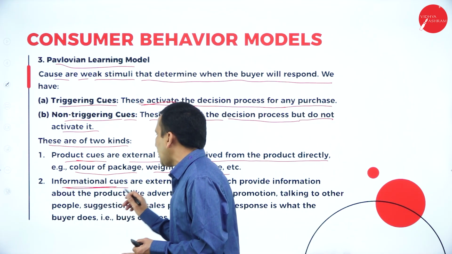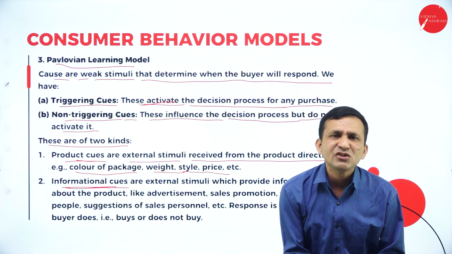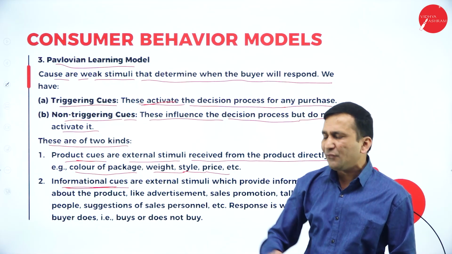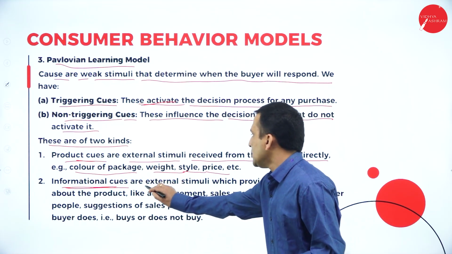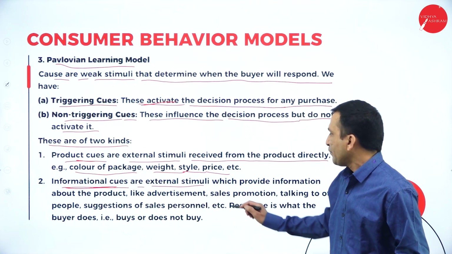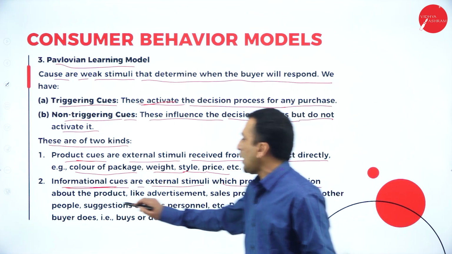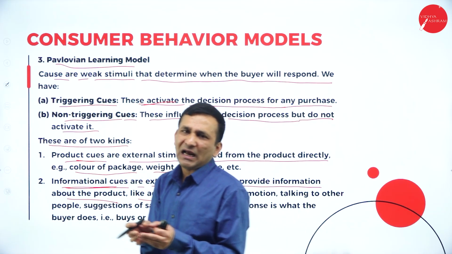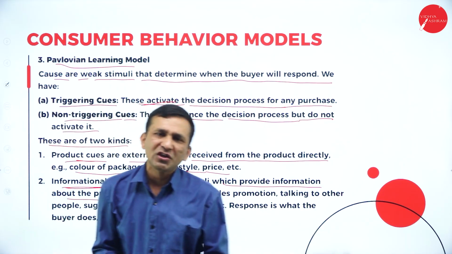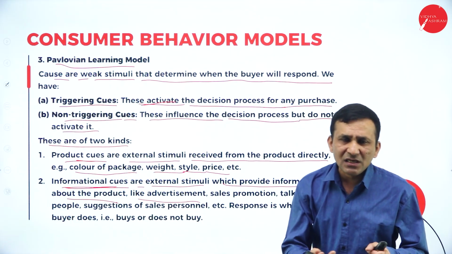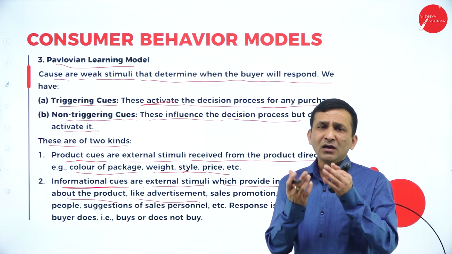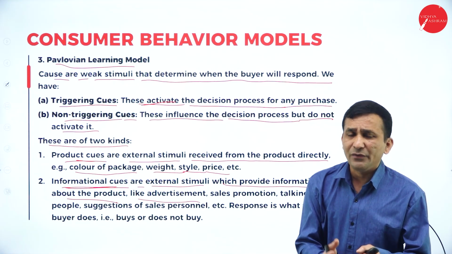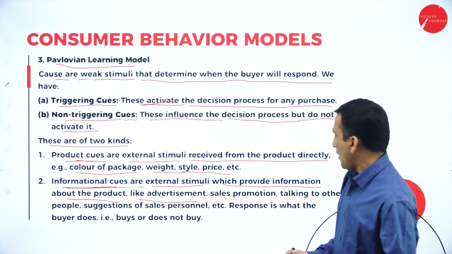Now the information clue. Before purchasing, consumers try to depend on information from an external source. This is the external stimuli which provides information about the product, like advertising, social media, product availability, through which consumers become aware of the product or service offered by the company.